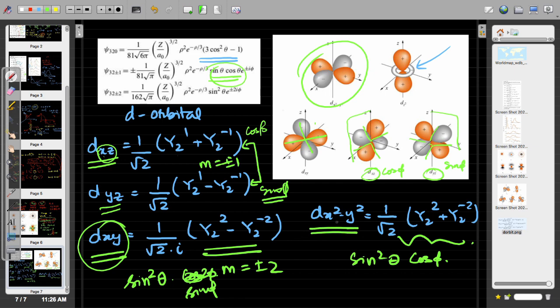In this case, the orbitals are aligned along the x and y plane, while in all the other cases, except for dz square, in dz square also you have it aligned along the z axis, but in all the other cases, xz, yz and xy, they are in between the axes denoted by the Cartesian symbols given here.